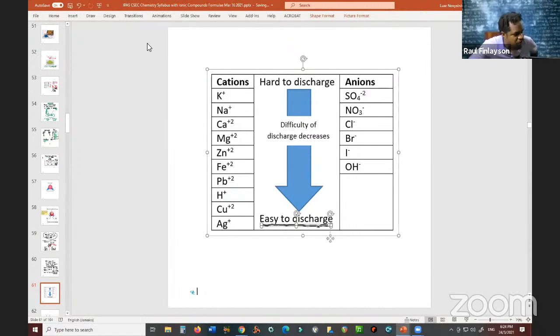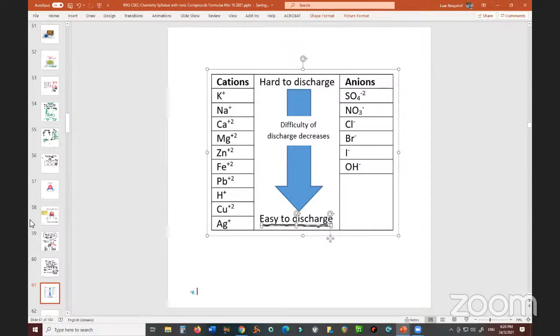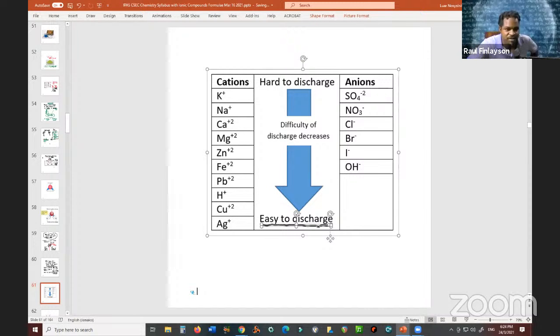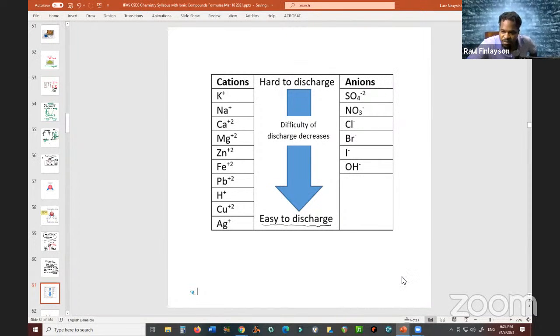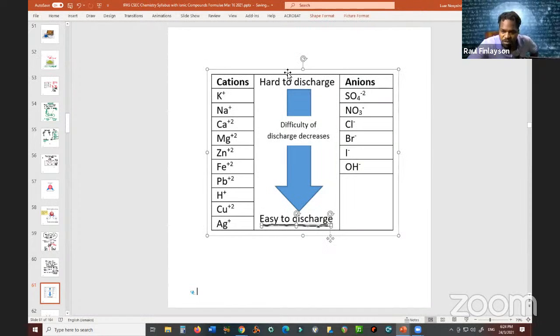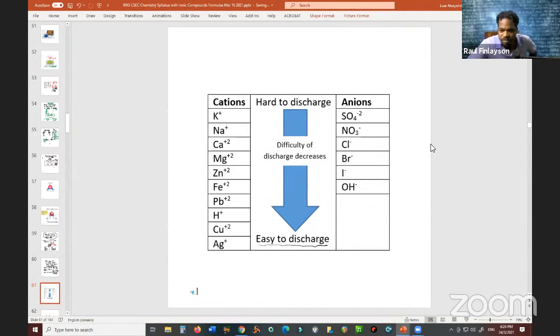OH minus and hydrogen. This series shows that as you go down this chart, it gets easier to discharge. Any questions here, guys?